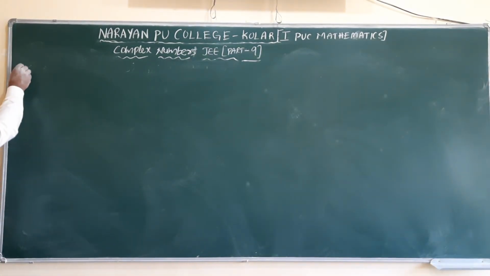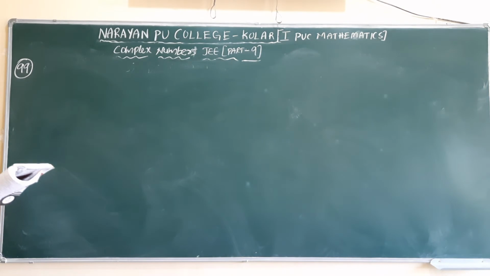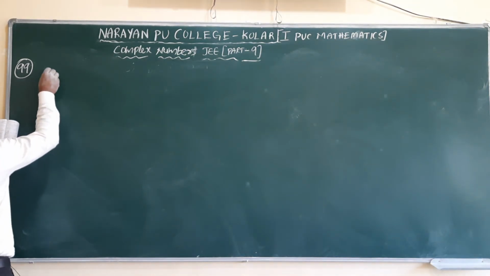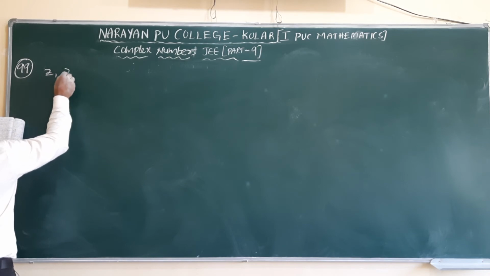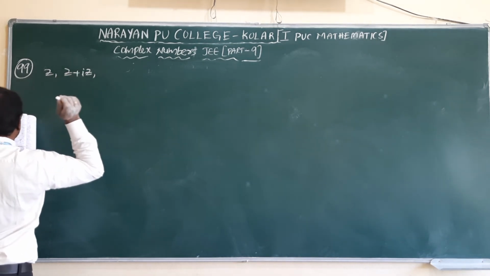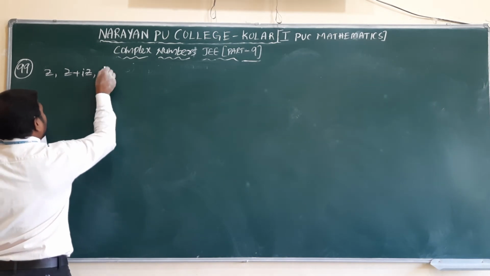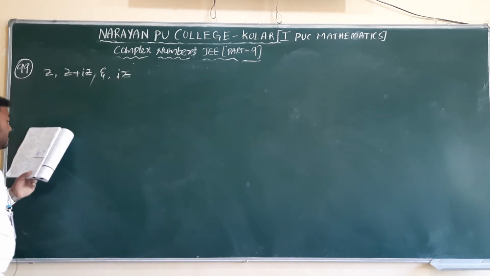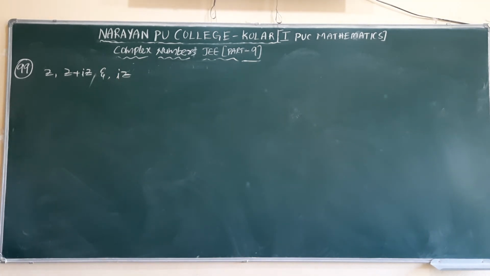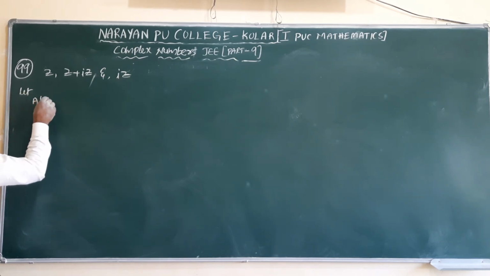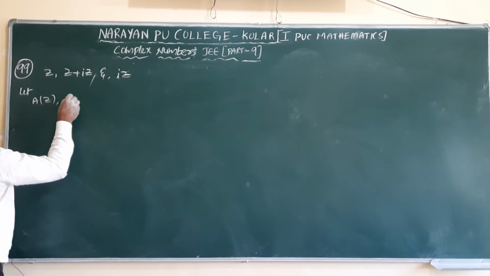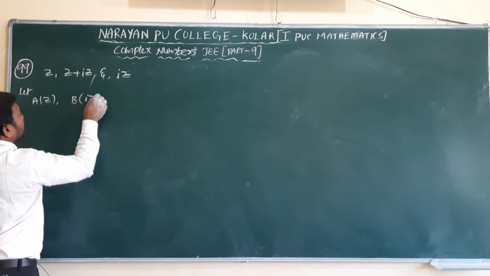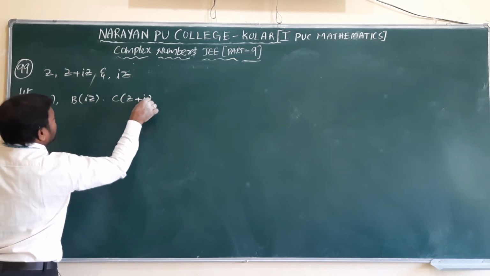Question number 99. The area of the triangle formed by the points represented by z, z plus iz, and iz is equal to... Let vertex A be z, B be iz, and C be z plus iz.